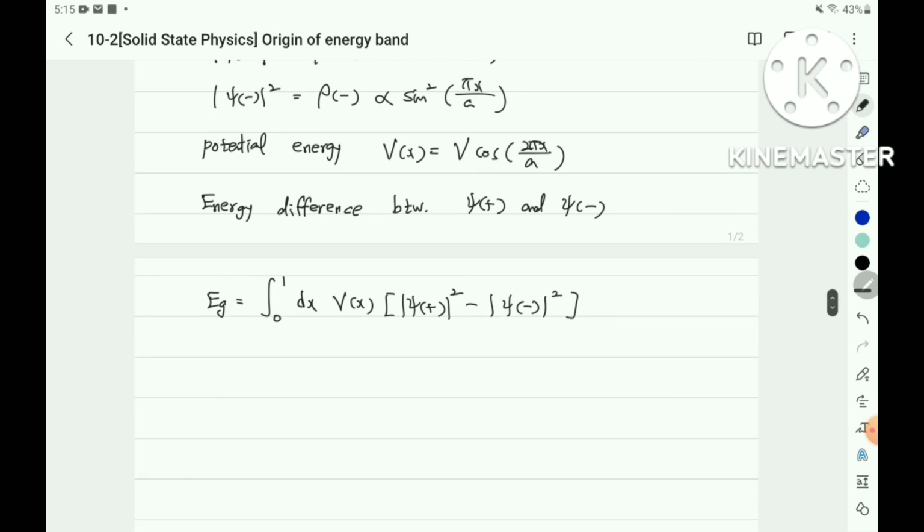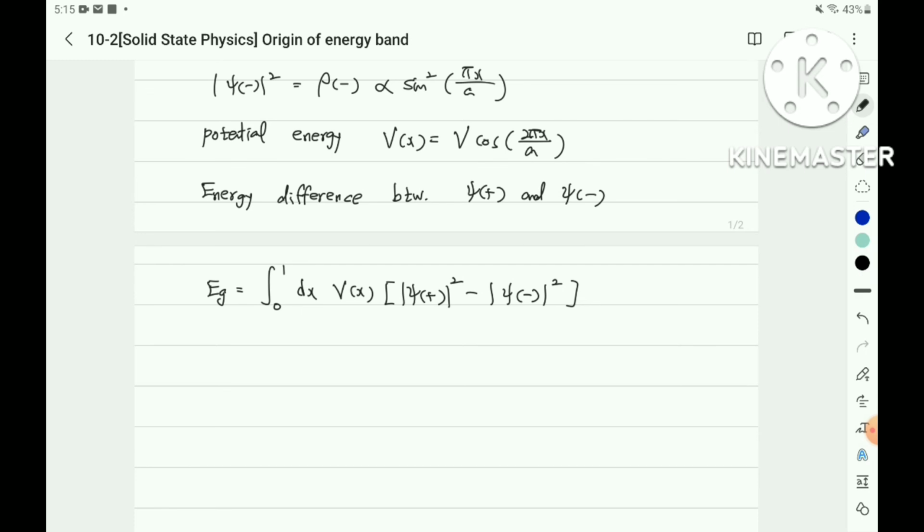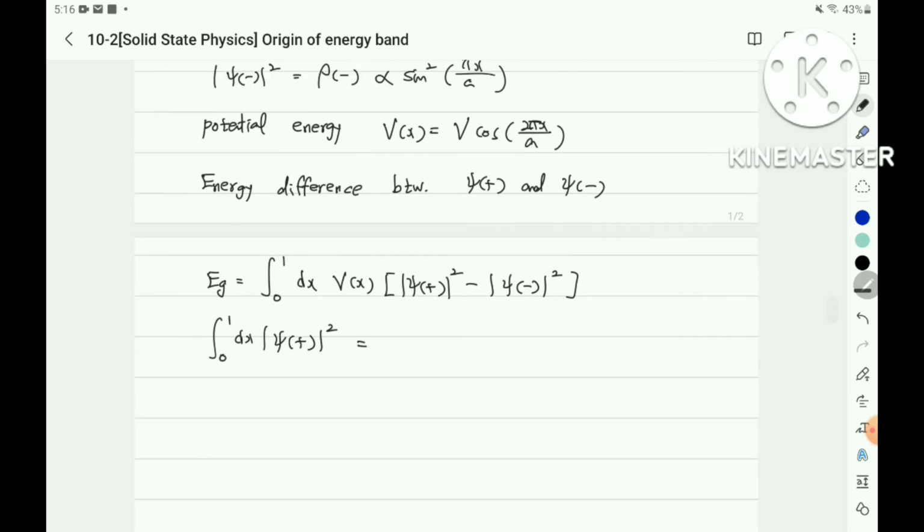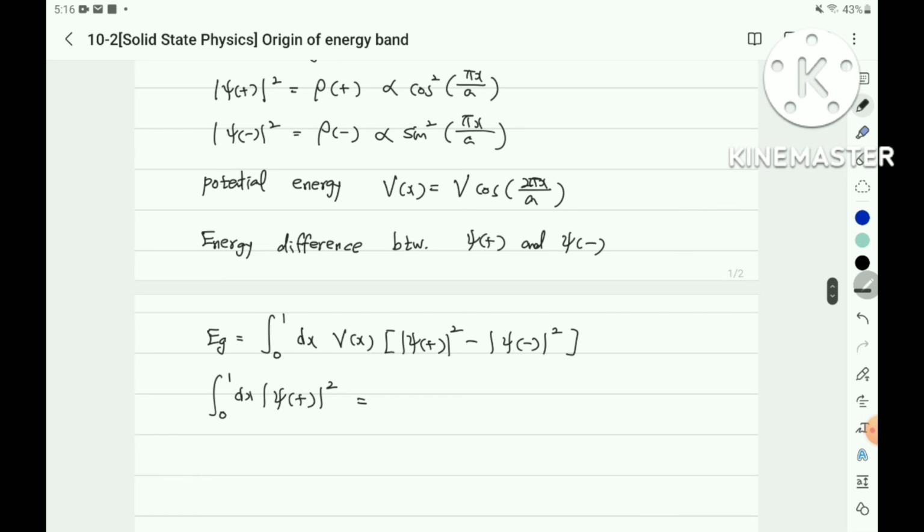Then let's calculate the integral from 0 to 1 dx of psi plus squared. Because psi plus squared can be written like this, from the lattice spacing 0 to a dx, the amplitude squared times cosine squared of pi x over a.